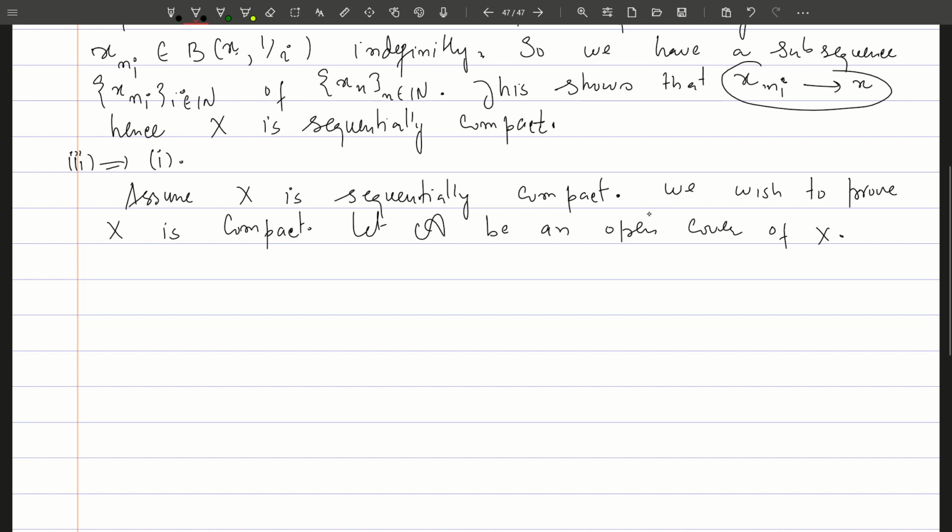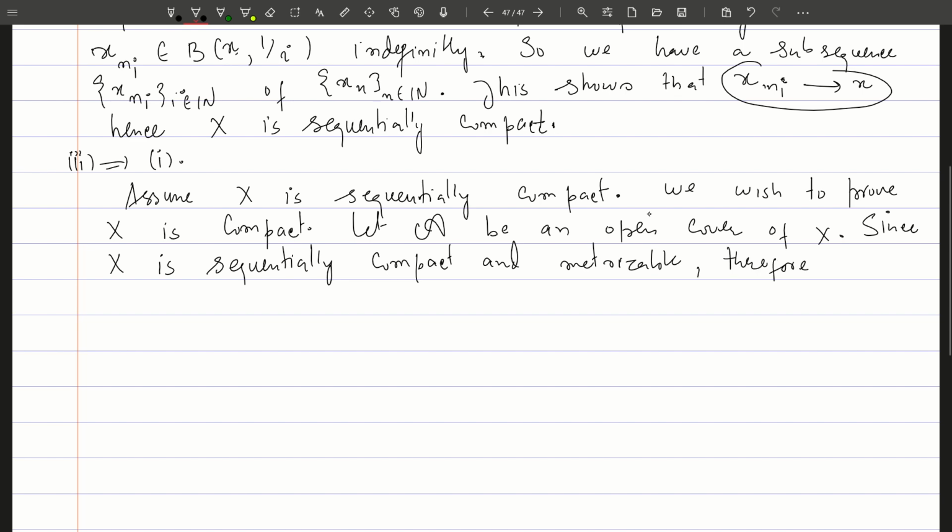That means, since X is sequentially compact and metrizable, therefore the open cover fancy A has a Lebesgue number, say delta.